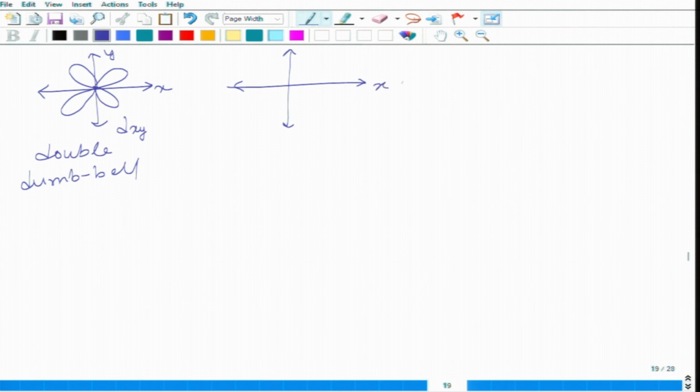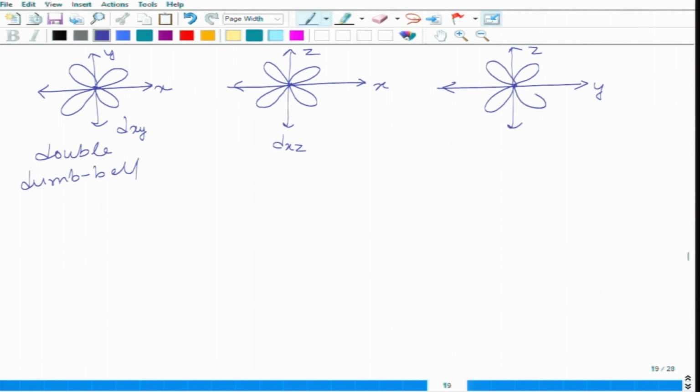Now, if we take x and z and draw the d orbitals, then this is the dxz. Now, if we take y and z, so this is dyz.